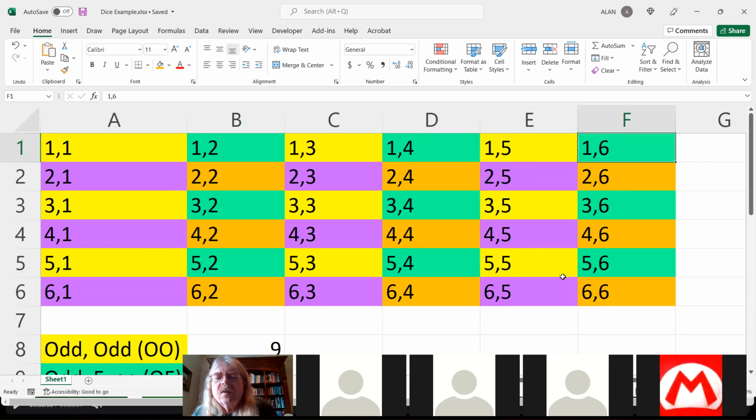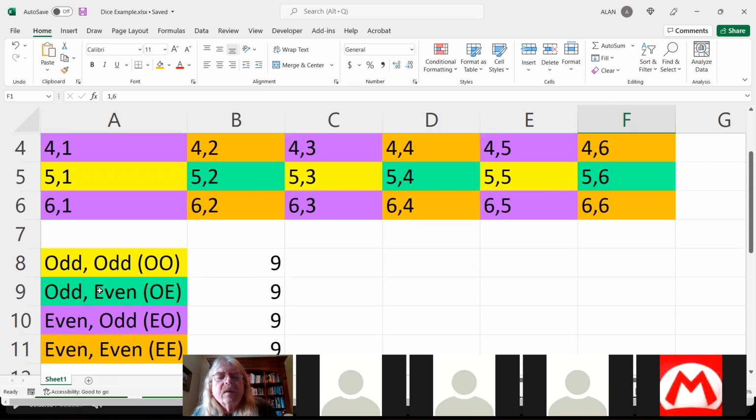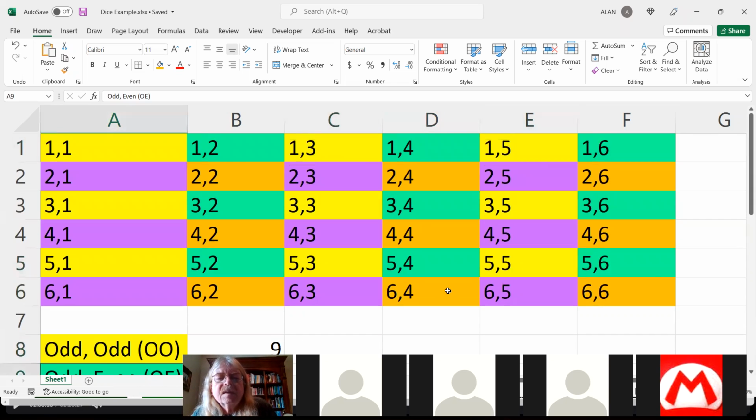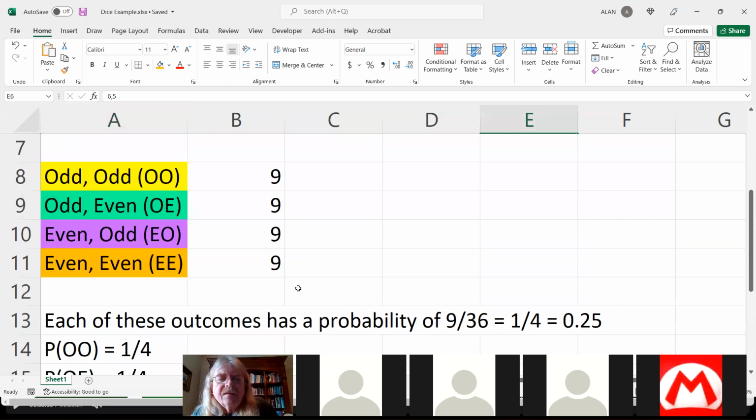If you look at all the green ones, you see that there are 9 cases where we had odd followed by even. And then purple is the other way around. It's even followed by odd. And again, there are 9 of these. And finally, orange is even followed by even. And there are 9 of those.